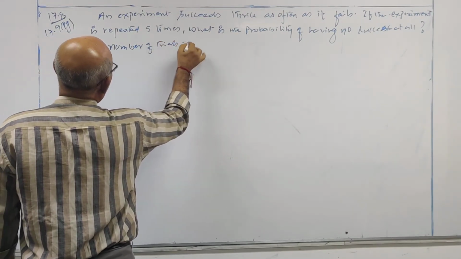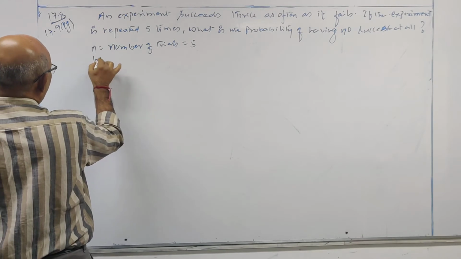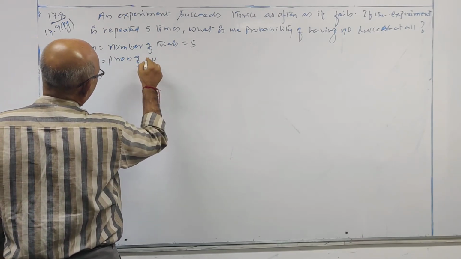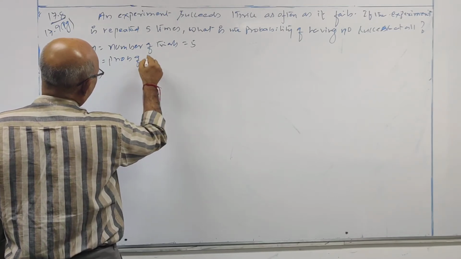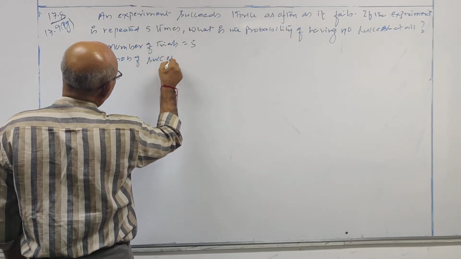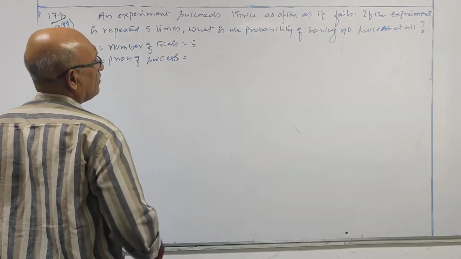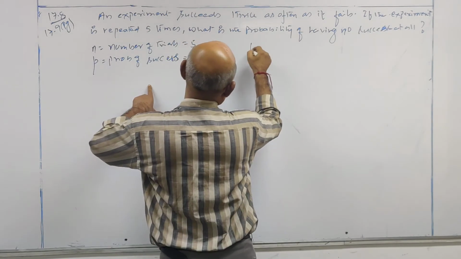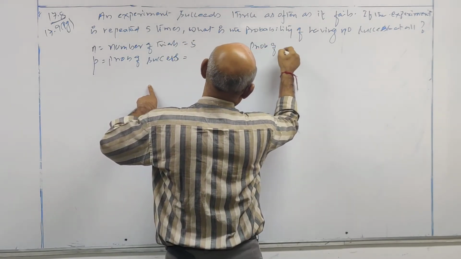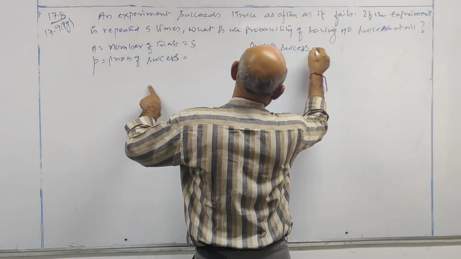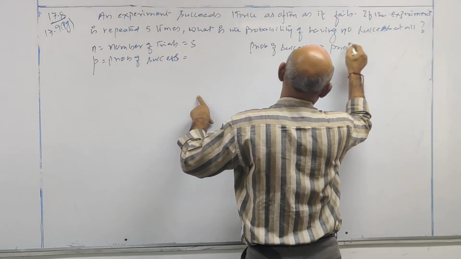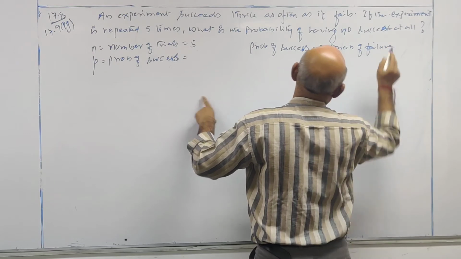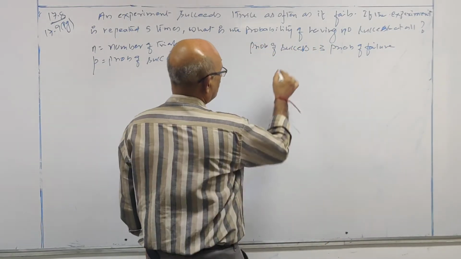Let us see. n is equal to the number of trials, which is equal to 5. P is equal to the probability of success, that I have to calculate. What is given in the question? Probability of success is equal to 3 times probability of failure.